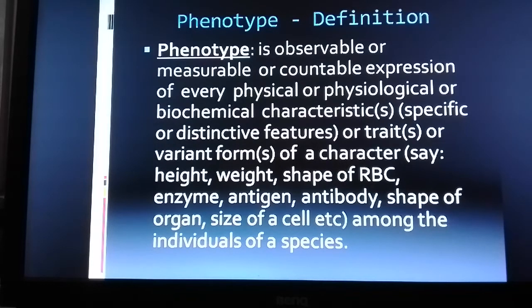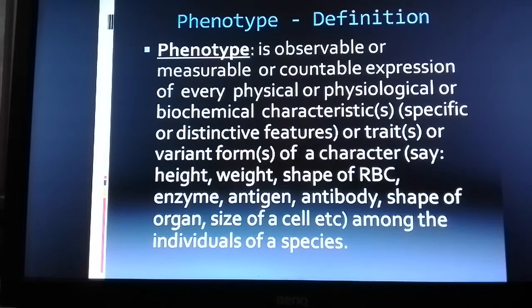Now you say, even among the Drosophila, based on the color of the eye, red eye Drosophila, white eye Drosophila. Now eye color is the character, and it is assumed that it is expressed in two forms among the individuals of Drosophila.